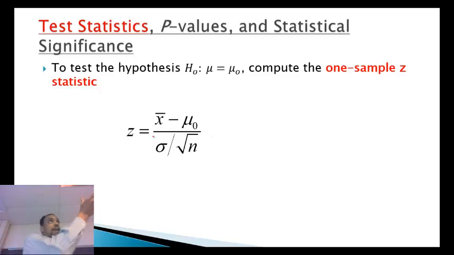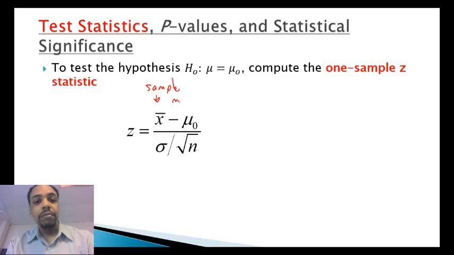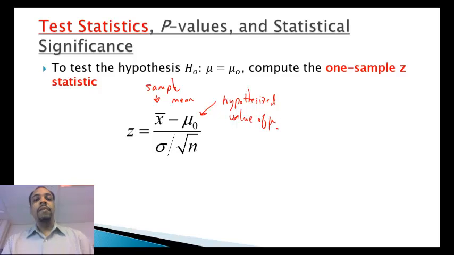So how far is our sample data different from our guess? How far are those two numbers apart relative to standard errors for the sample mean? We use the one sample Z statistic to figure this out.